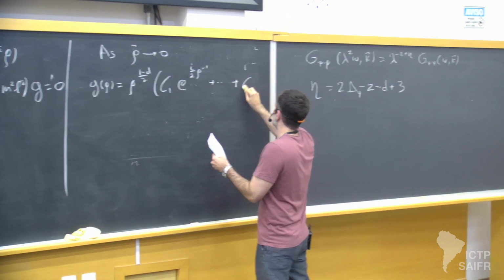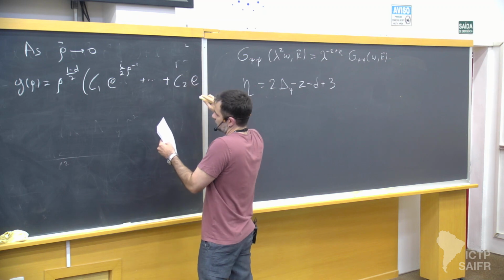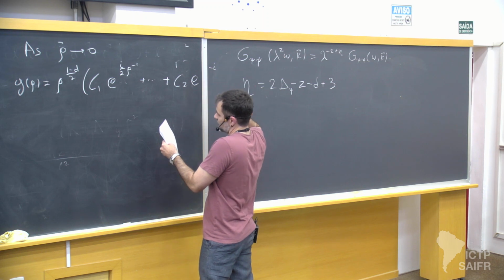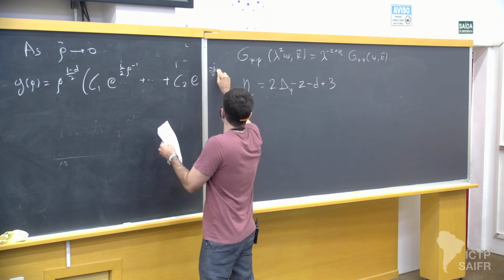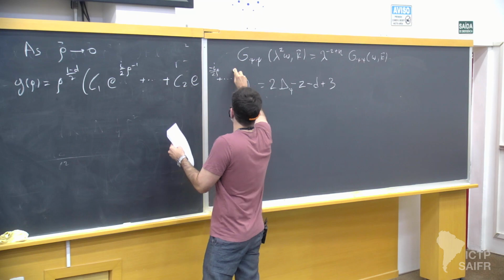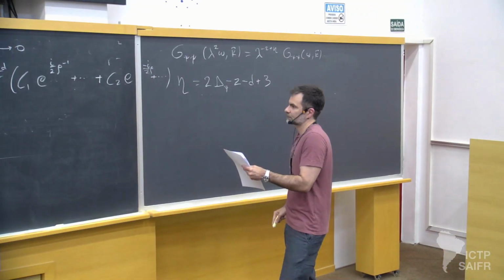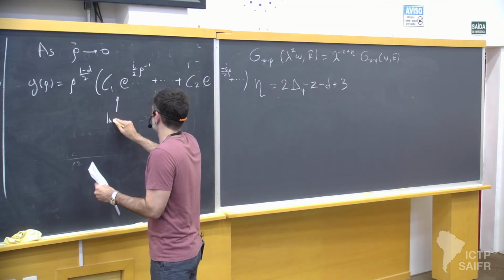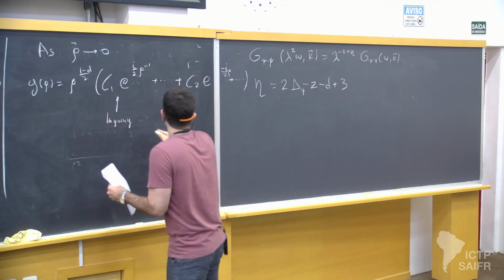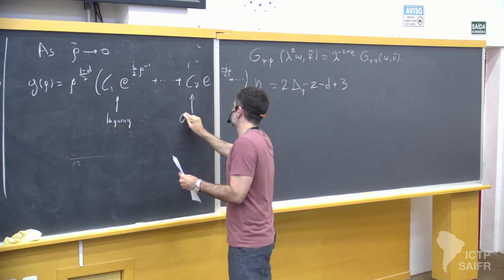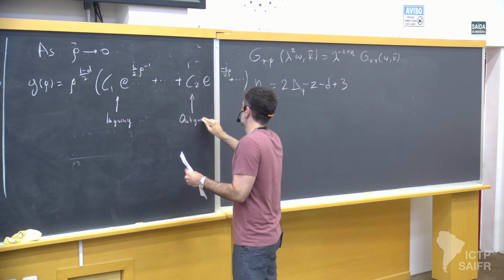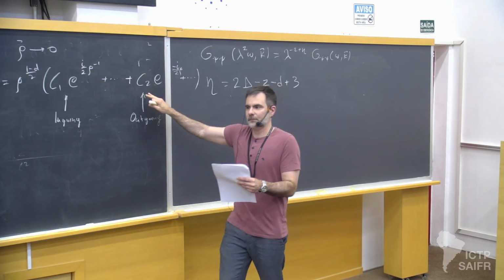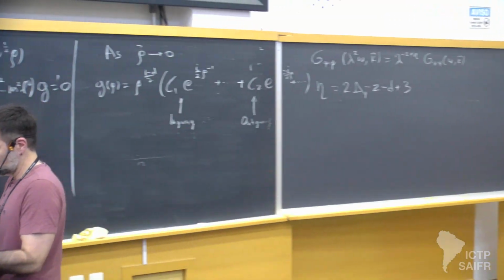And the second constant of integration would be c2 times e to the minus i over z rho plus whatever. This first behavior satisfies ingoing boundary conditions at r equals 0, and the second is like outgoing boundary conditions. So I definitely want to set c2 equals 0 here. I want stuff to be just falling down the singularity.